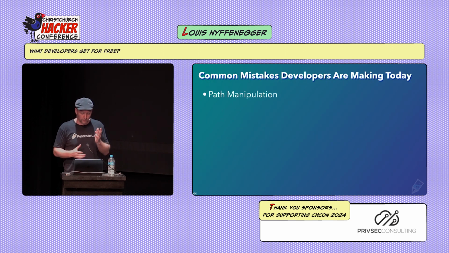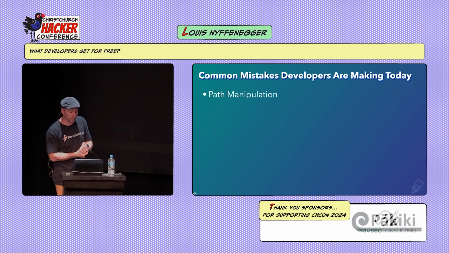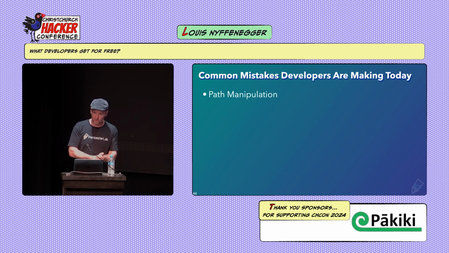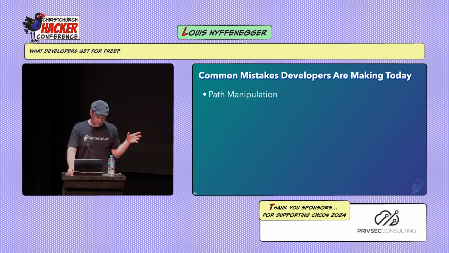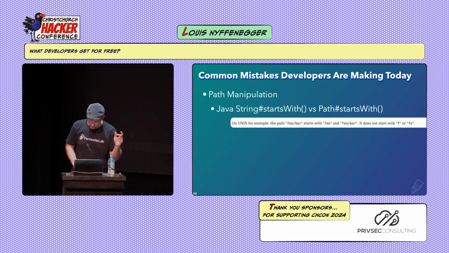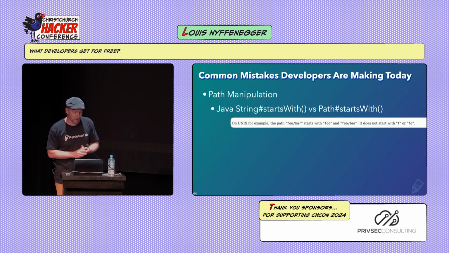So if we look at what the next stage is, I think one of the big things we can see at the moment is a lot of directory traversal, things around path manipulation. But there are already a few answers. One of the ones I really like is Java.